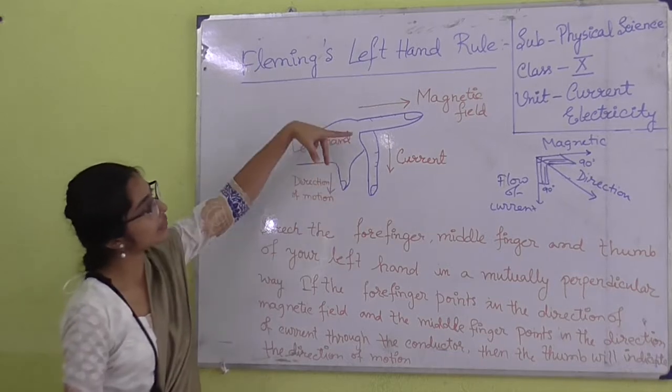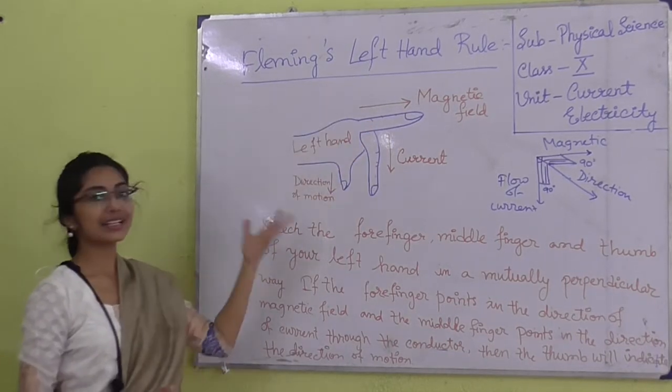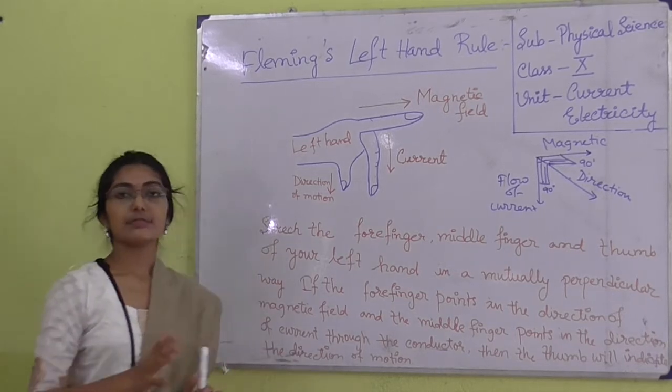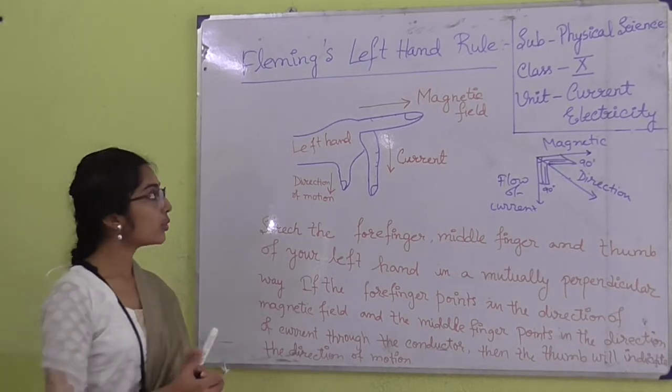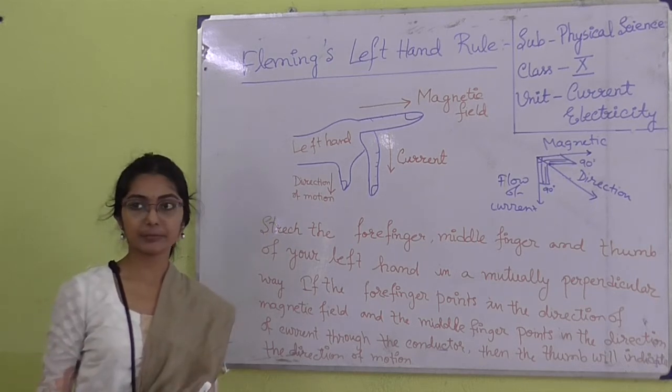Look very carefully, and if you place your left hand in this way, you will understand the concept very clearly. This is Fleming's left hand rule, which is applied in many appliances.